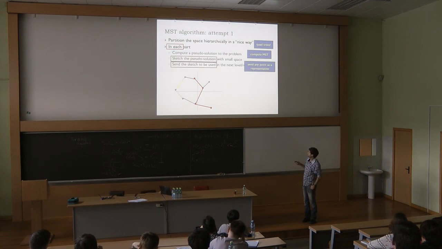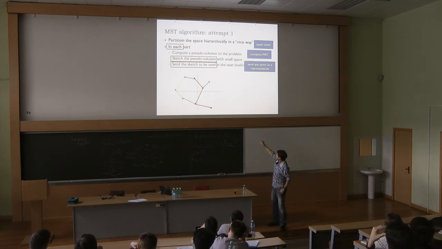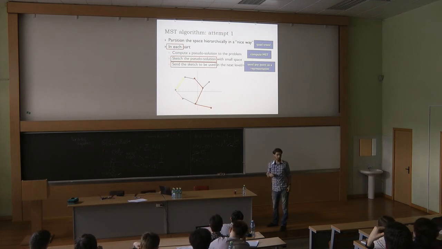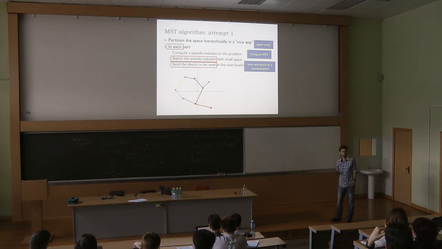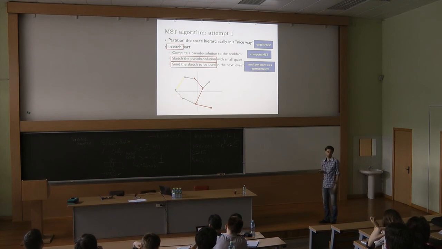The minimum spanning tree should not have used this edge, but should have used this edge. This would have given us the minimum spanning tree. So this algorithm does not produce the minimum spanning tree. It does something, hopefully close enough, but it doesn't.